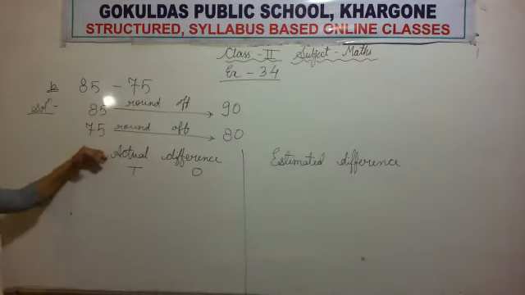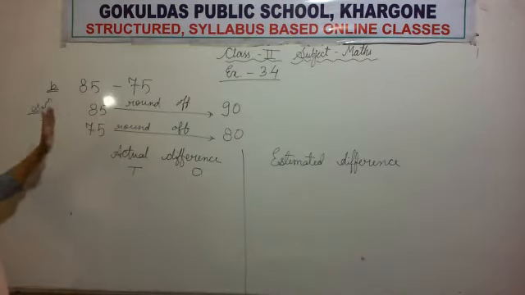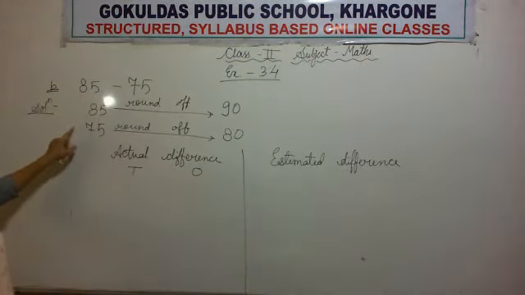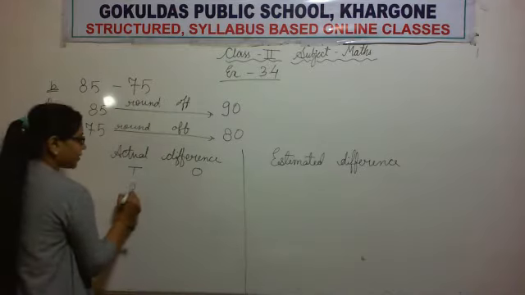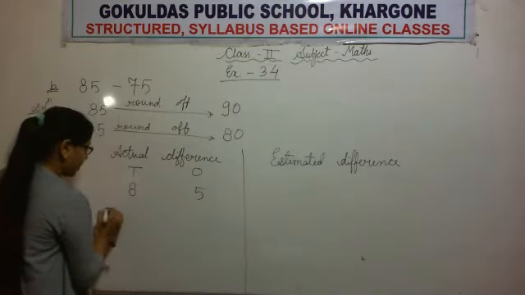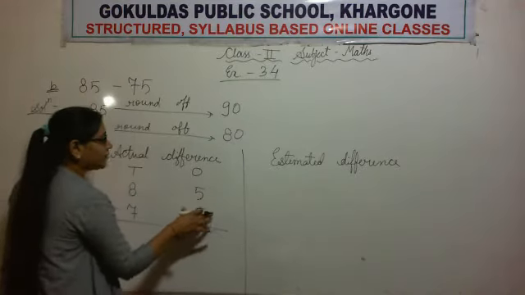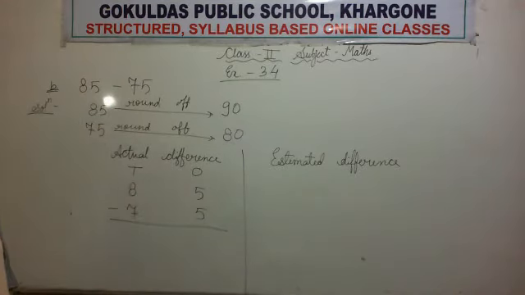Now, for finding actual difference, we will take the actual numbers given by the question. What are those? 85 and 75. So let's write 85 minus 75. We remember ones below ones and tens below tens.